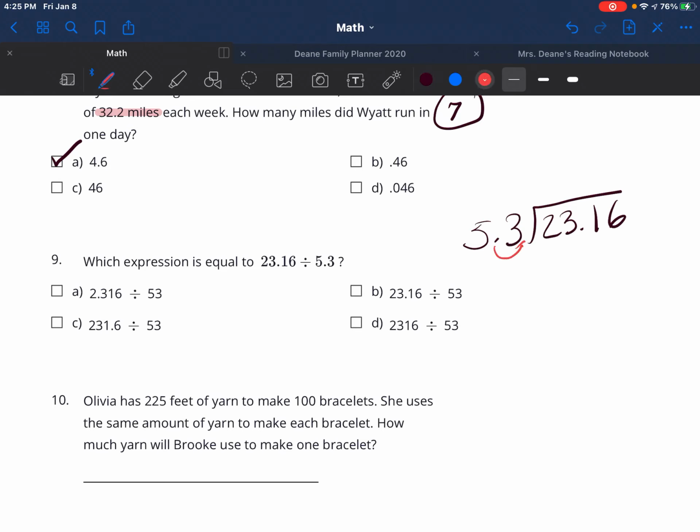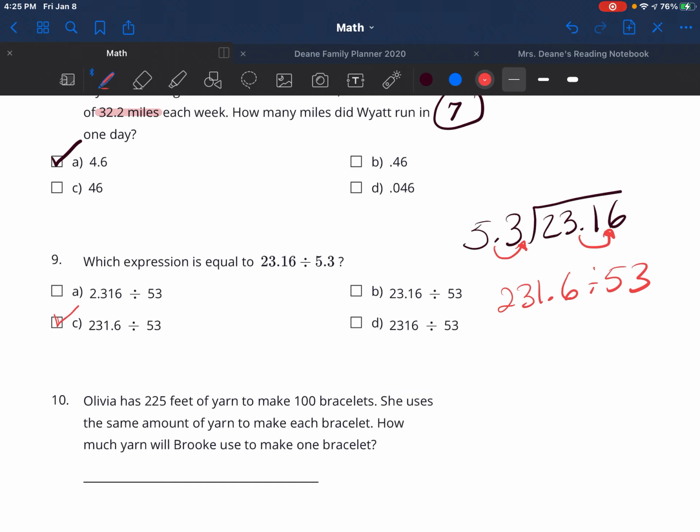And now you can see that, okay, I have to move this one place over, so I'd have to move this one place over. So that would give us a problem of 231.6 divided by 53. So that would be C right here.